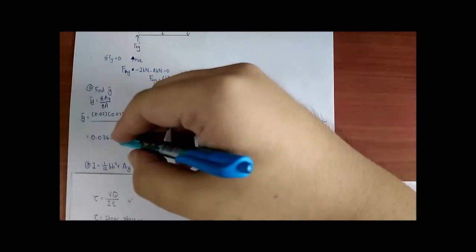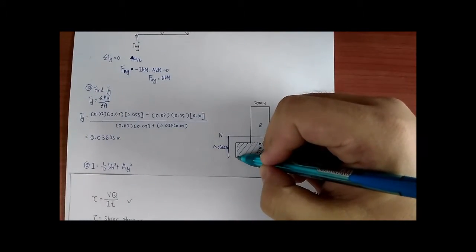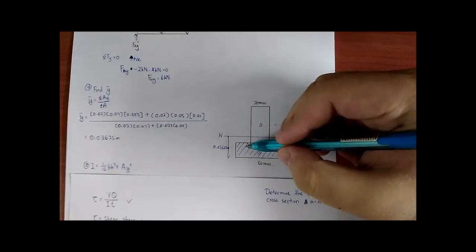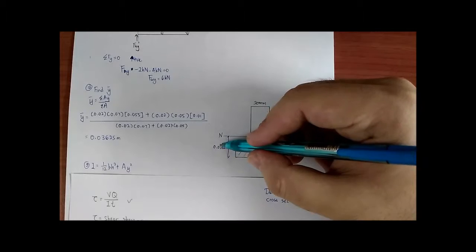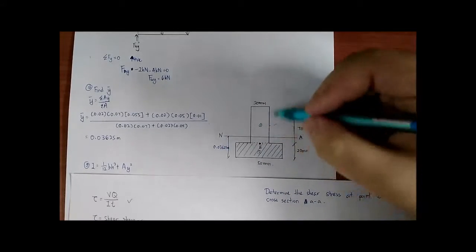So 0.03625 meter is from the bottom until the centroid of this total area. So 0.03625 is the neutral axis for this shape.